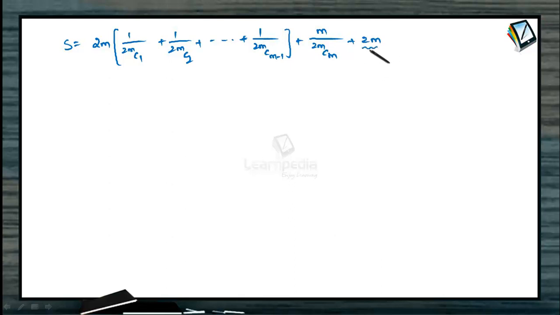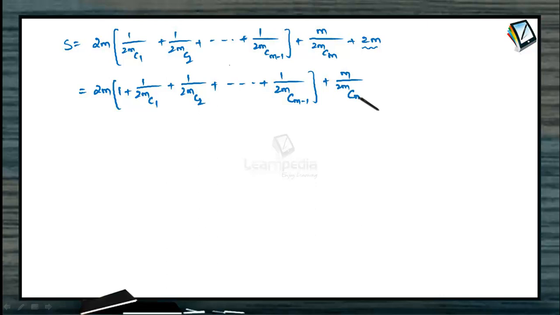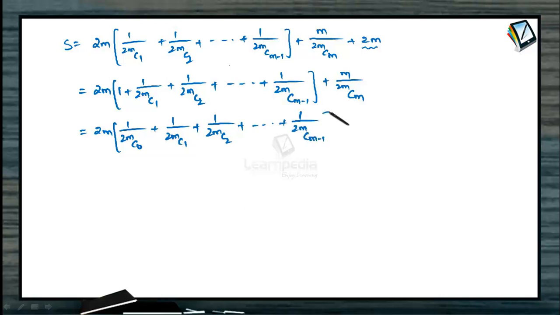Now this 2m factor, when we carry it to the inside of this bracket, now turns up to be 2m times 1 plus 1 by 2mC1 plus 1 by 2mC2 plus so on up to 1 by 2mCm minus 1 plus m by 2mCm. Now this 1 can be expressed as 1 by 2mC0, because 2mC0 is 1, so 1 by 2mC0 plus 1 by 2mC1 plus 1 by 2mC2 plus so on up to 1 by 2mCm minus 1 plus m by 2mCm.